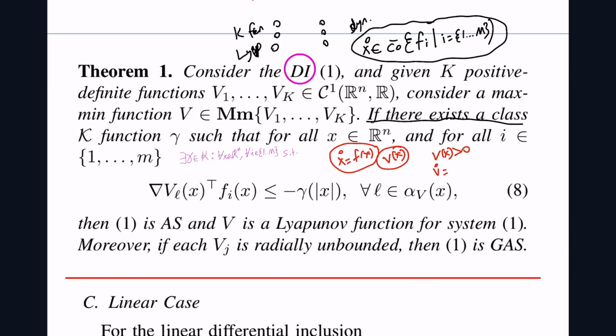How would we write V dot? We would write it as the gradient of V transpose f, right? Negative. And when we say negative, it means negative definite, and this is a more generalized, more professional way of writing that negative definiteness property.